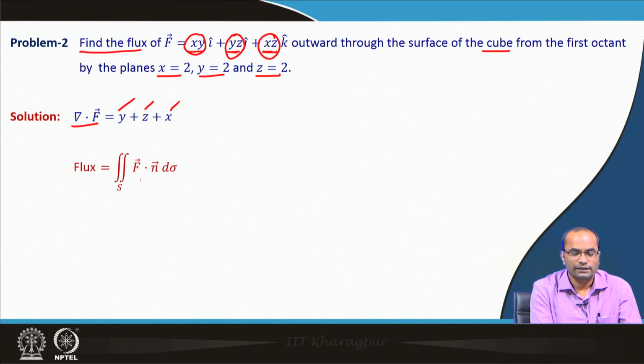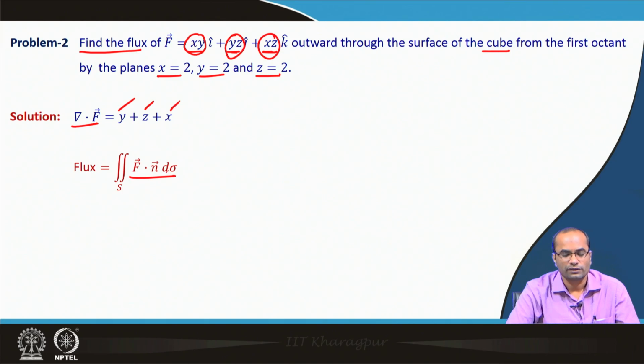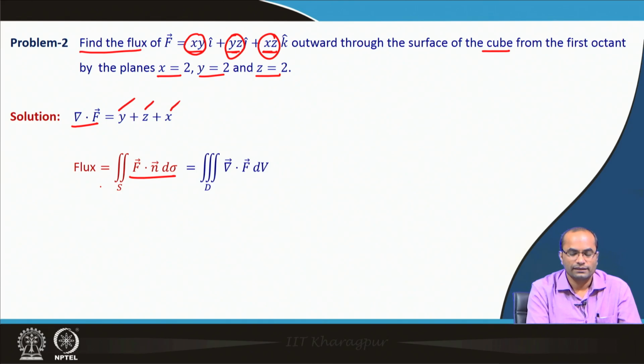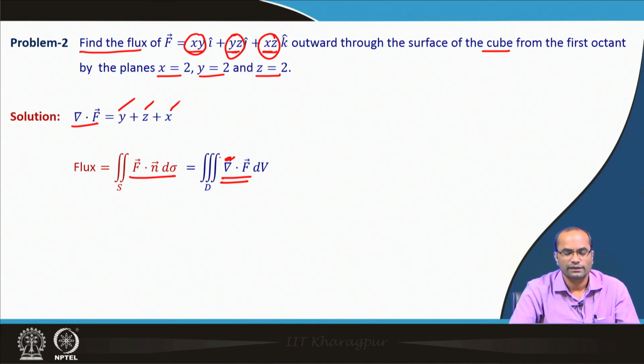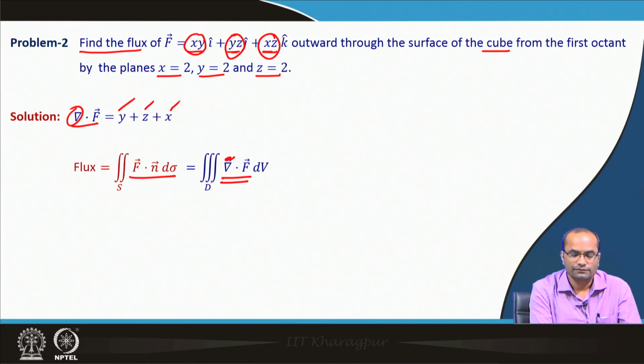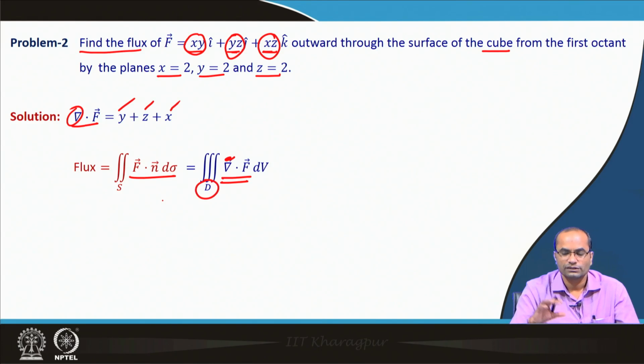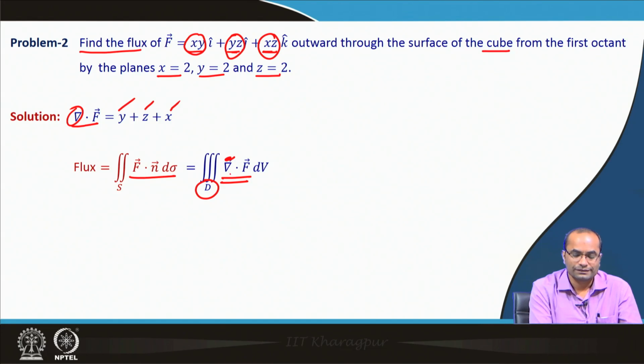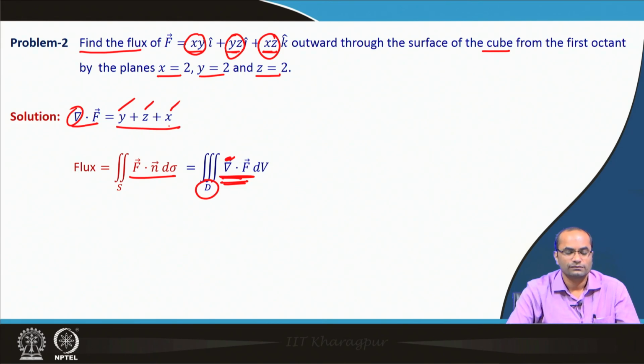So, the flux we can get with this f dot n integrated over this surface, and that is given by the integral of the divergence over this volume, which is bounded by this cube. I am not usually using the arrow sign on this gradient operator. So, the divergence of f we have computed here, that is x plus y plus z.